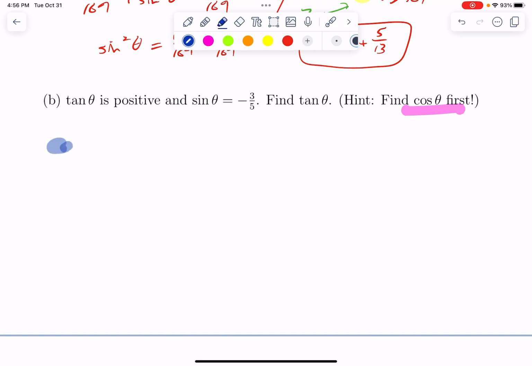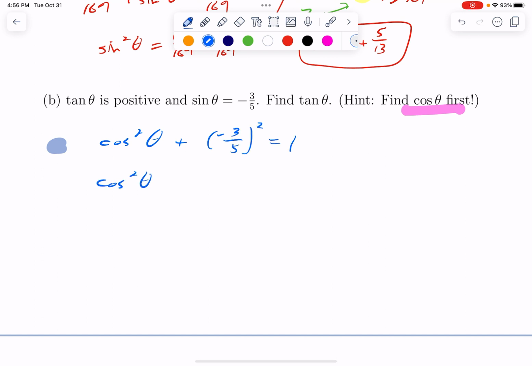So cosine squared theta plus sine squared theta is equal to 1. Squaring a negative still comes out positive. I'll write 1 with my common denominator in anticipation of the subtraction. And when I subtract, I get cosine squared theta equals 16 over 25.